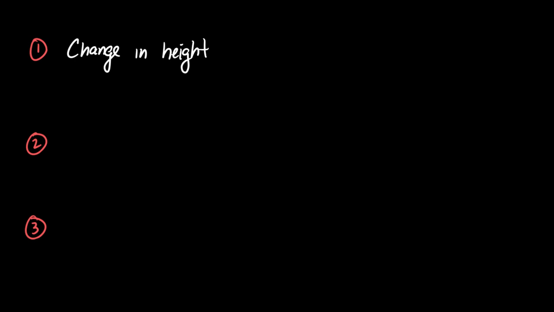We look for changes in height. They suggest conservation of energy. Whenever there's a change in height, there's a suggestion of conservation of energy. You should look for changes in height.